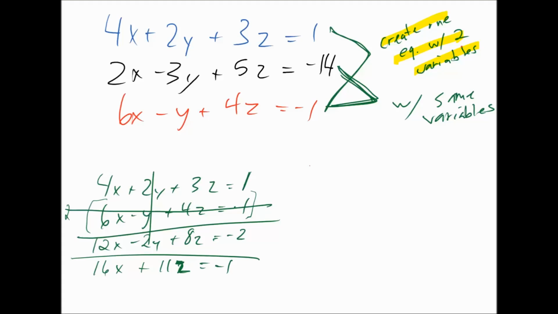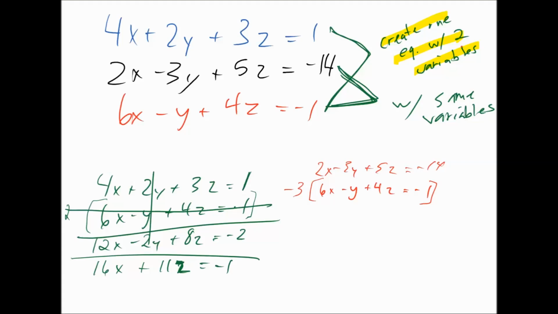So let's try that. We have 2x minus 3y plus 5z equals negative 14, and 6x minus y plus 4z equals negative 1. And we have to decide how we're going to change this. I think the way we're going to do this is to multiply this bottom equation by negative 3 so we can get rid of y again.